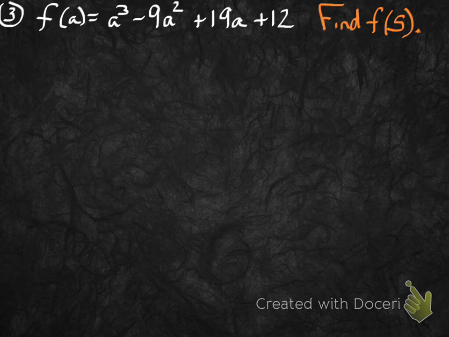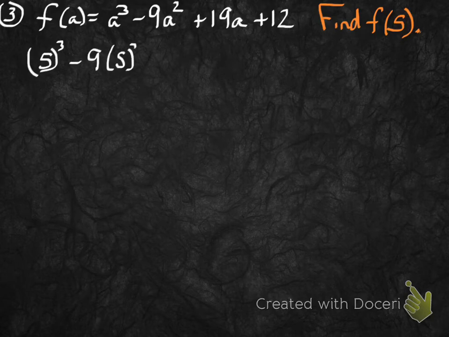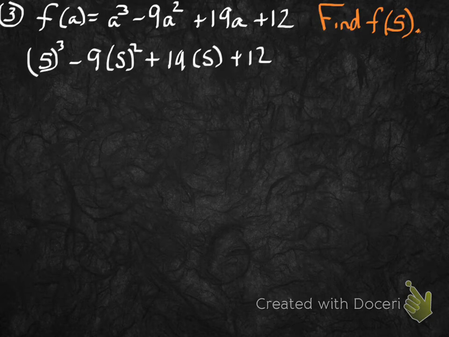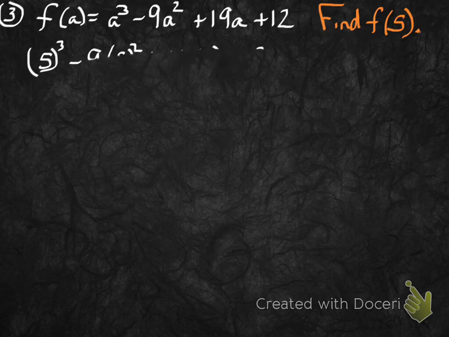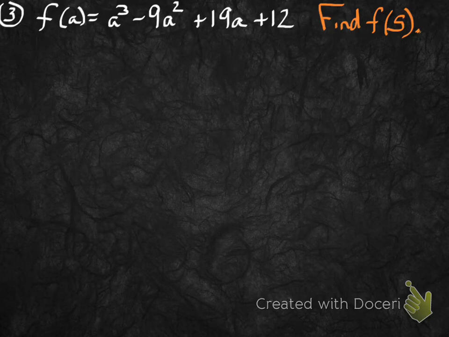So typically on this problem, we would have taken 5 and cubed it, minus 9 times 5 squared plus 19 times 5 plus 12, and then found that number. But for us, using the remainder theorem means that we are not going to be doing that. We are going to be using synthetic division.